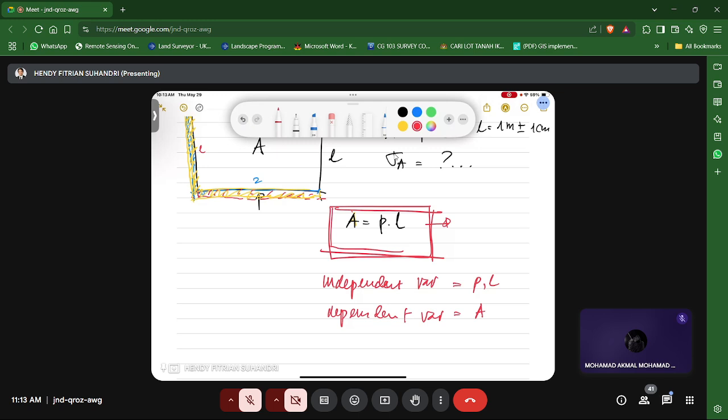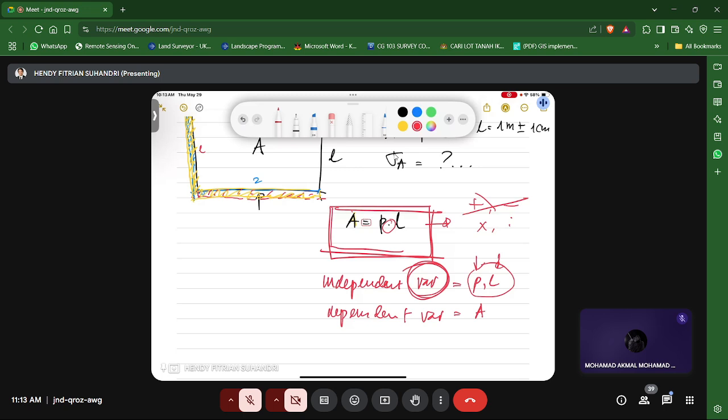Sekarang, disebabkan dia adalah suatu persamaan yang non-linear. Kenapa dia non-linear? Saya dah katakan dah 2 minggu, bila kita memiliki variables P dan L, dan variables ada perkalian atau pembagian, bukan pertambahan atau pengurangan, maka persamaan itu dinyatakan sebagai suatu persamaan non-linear, walaupun dia kuasa satu.